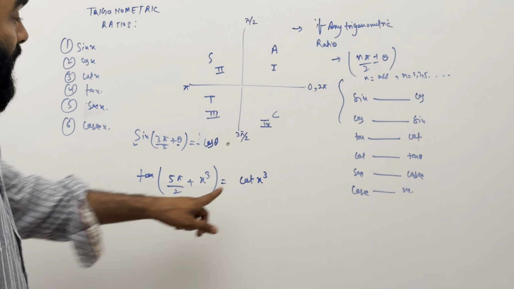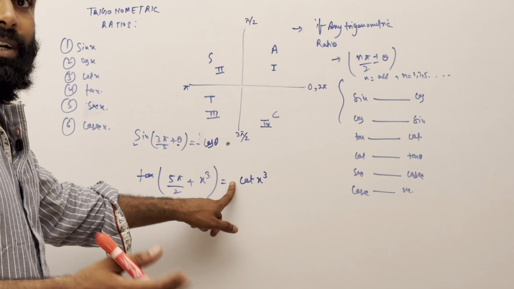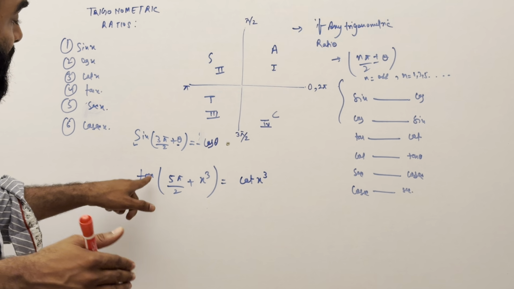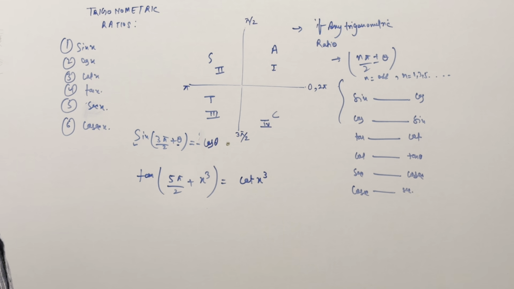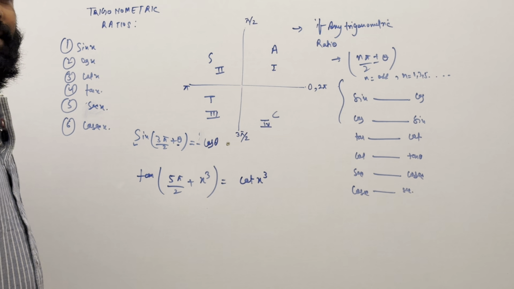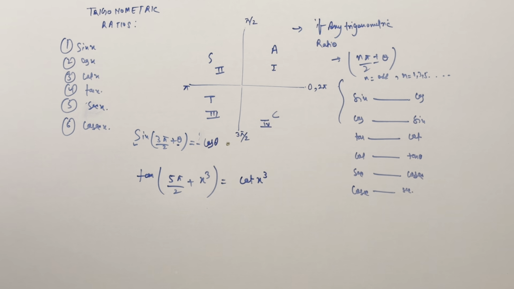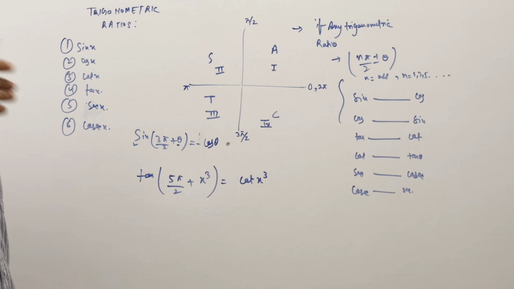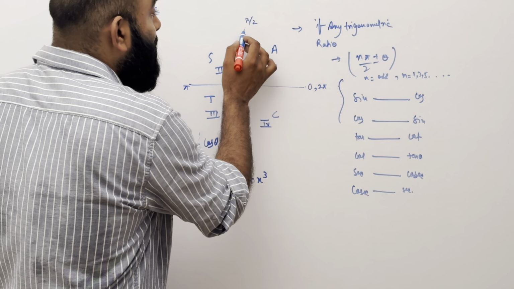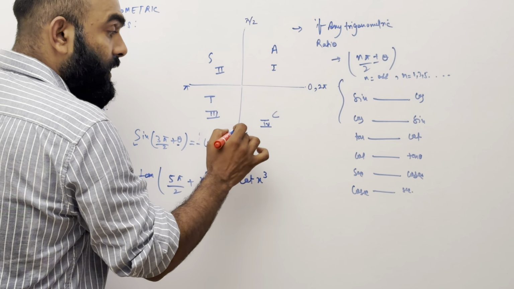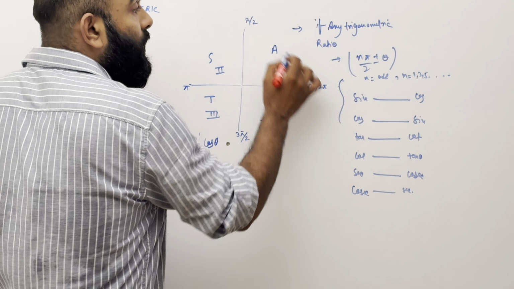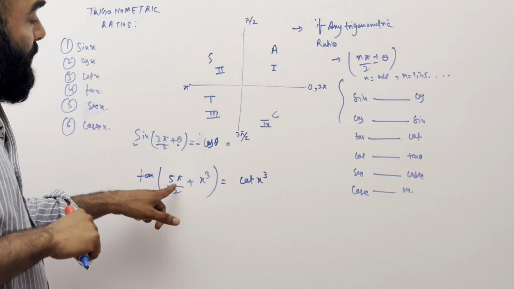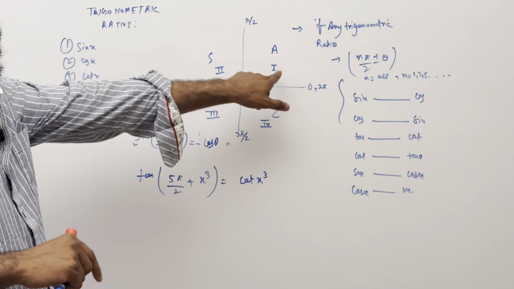Clear? Now here plus and minus will come. Who will decide the plus and minus? This tan is going to decide the plus and minus. You can see tan of 5 pi by 2 plus theta. Which quadrant is this tan in right now? Think from your side. Sir, 1 pi by 2, 2 pi by 2, 3 pi by 2, 4 pi by 2, 5 pi by 2. 5 pi by 2 plus means it is in the second quadrant, and 5 pi by 2 minus means it is in the first quadrant.